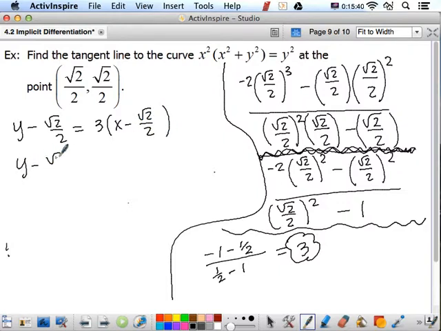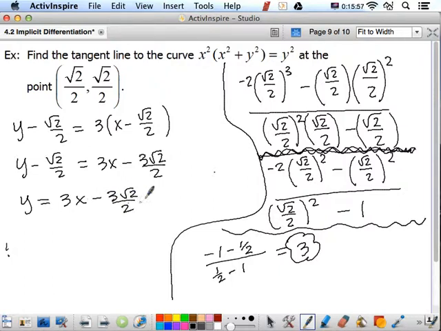So y minus square root of 2 over 2 equals 3x minus 3 square roots of 2 over 2, we'll add the square root of 2 over 2. So we have y equals 3x minus 3 square roots of 2 over 2 plus 1 square root of 2 over 2, which will simplify to what?